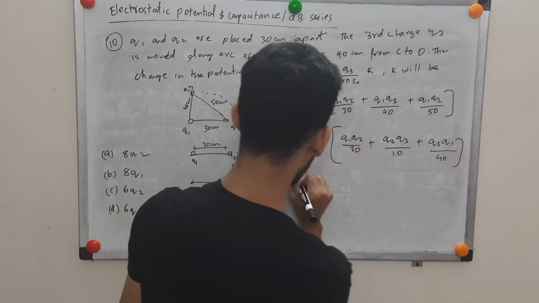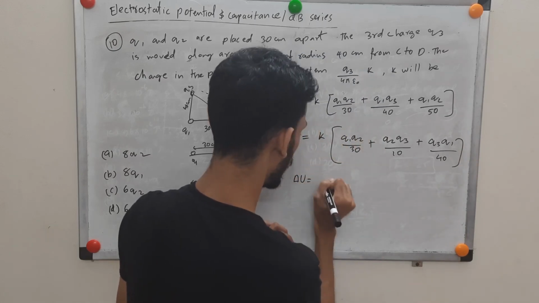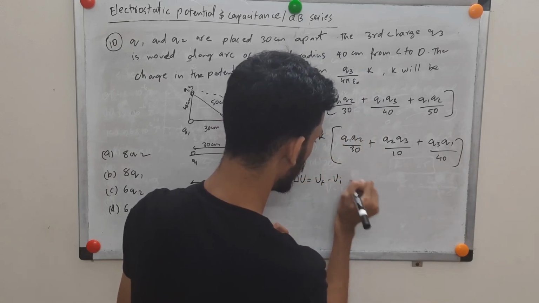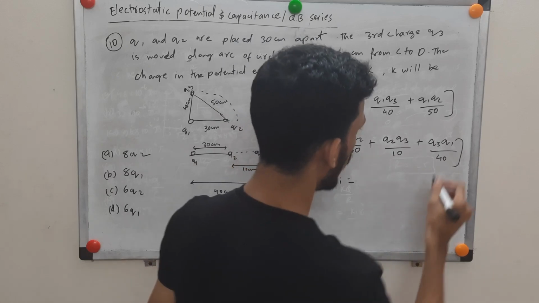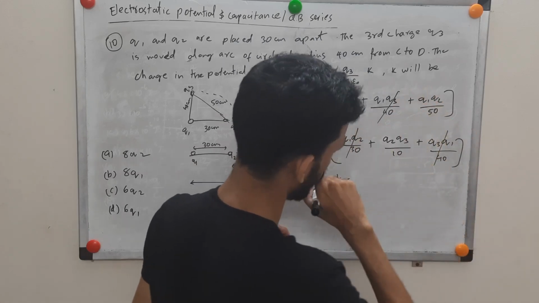So they have asked you for the difference in the potential energy of the system. This and this cancel, as I assured, and this and this will also get cancelled.